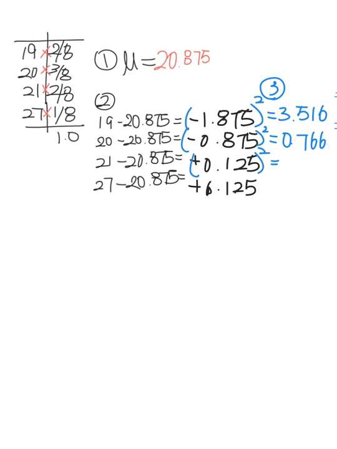Next, 0.125 square is 0.016. And the last one will be much bigger. 6.125 square is 37.516.